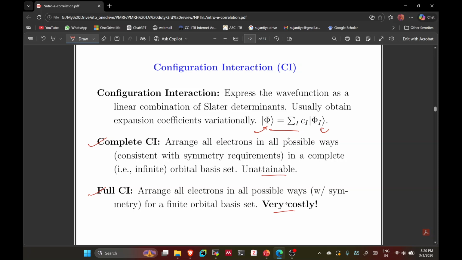In complete CI you have an infinite basis, and you have to take care of all the N electrons in all configurations. We cannot do complete CI, so we deal with a finite orbital basis set. Even in that basis set you cannot take all the configurations.